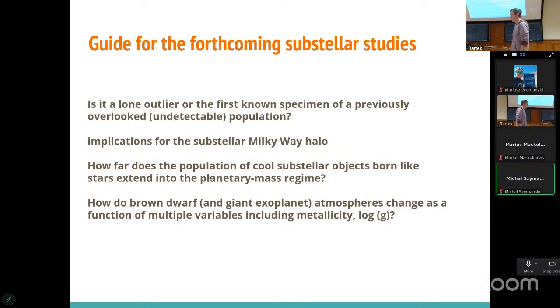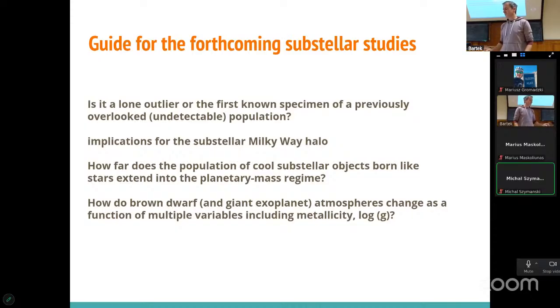And other questions are how far this population of cool substellar objects can extend to planetary masses. Now we know quite a lot of examples of single objects below the planetary mass, so they were likely formed as stars, but with much lower masses.